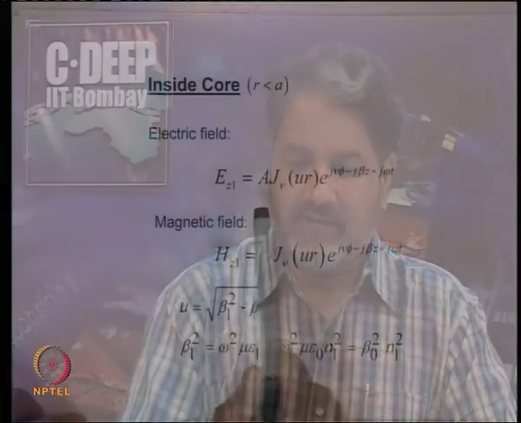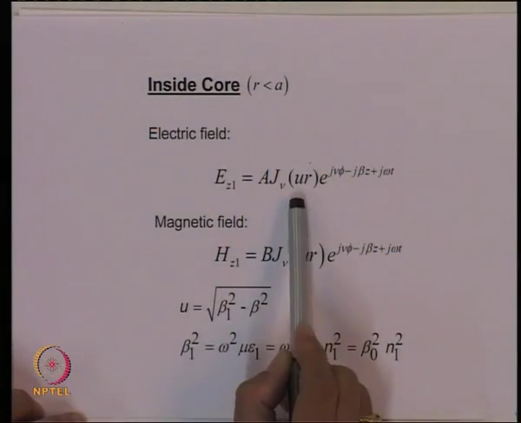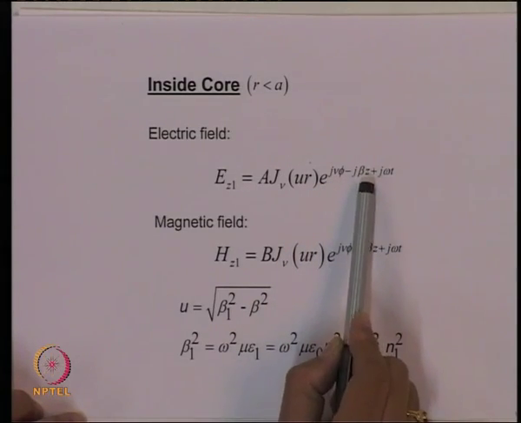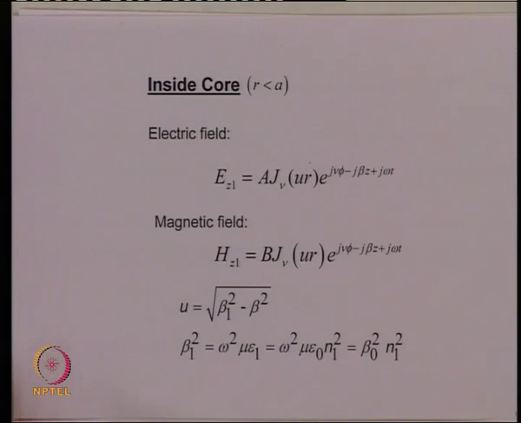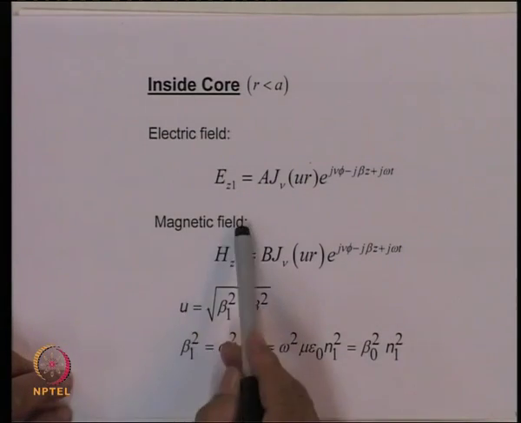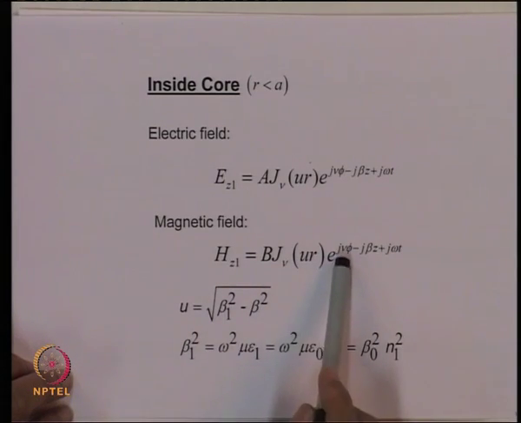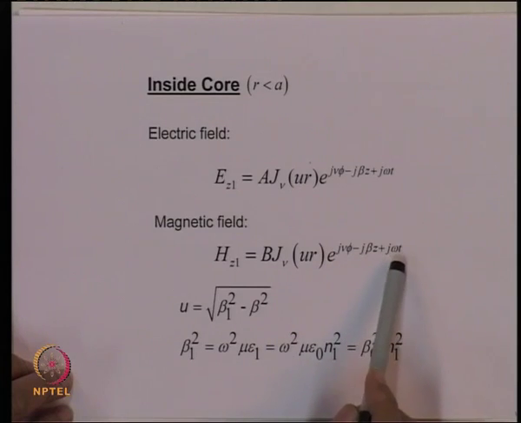With this understanding, we got the expression for the longitudinal component of the electric field inside the core, which is given as A J nu (u r) e to the power j nu phi minus j beta z plus j omega t. Similarly, the magnetic field is given by some other arbitrary constant B, with the same variation, J nu (u r) e to the power j nu phi minus j beta z plus j omega t.